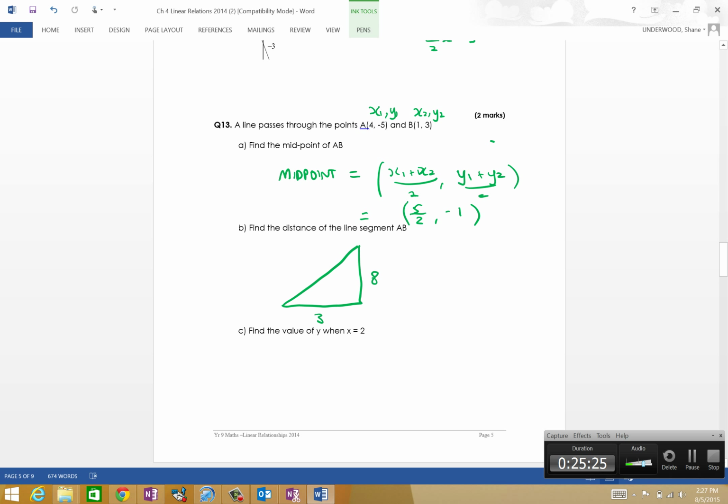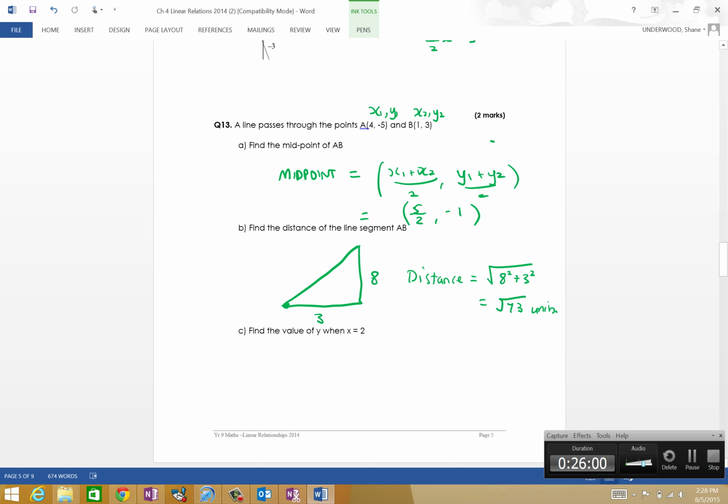It doesn't matter which way we're going. So the distance is equal to the square root of 8 squared plus 3 squared, which is 64 plus 9. Is it the square root of 73? Yeah, that's it. Square root of 73 units, because we don't know what units it is.